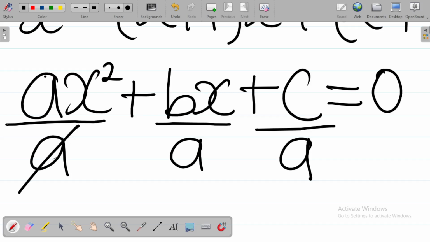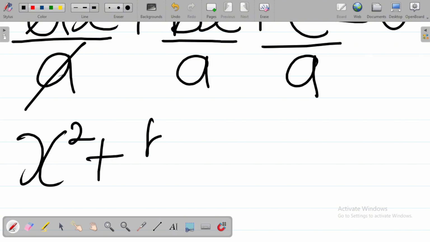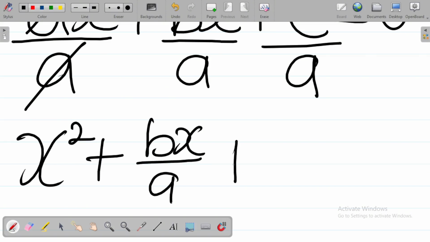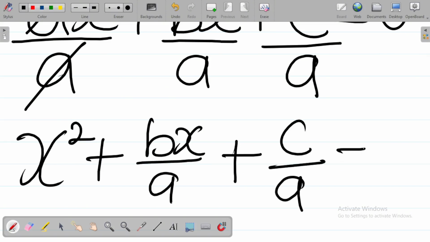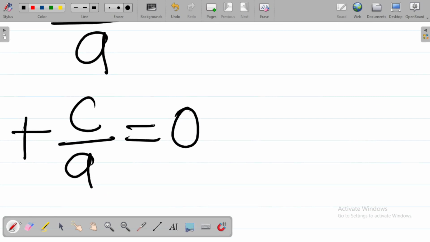So therefore a cancels a. We are left with x squared plus bx all over a, and then plus c all over a is equal to 0. Alright, so let's call this equation 3.